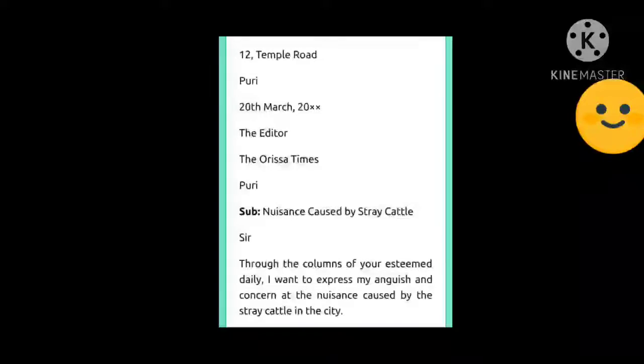Because you will be acquainted with some kind of phrases and sentences, common expressions, so that you can recall them when you are drafting the letter in the examination or in your practice, and you may use them. Almost all these letters have some common expressions and structures. You have to try to implement them, include them.